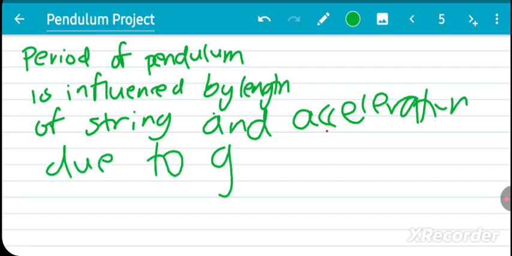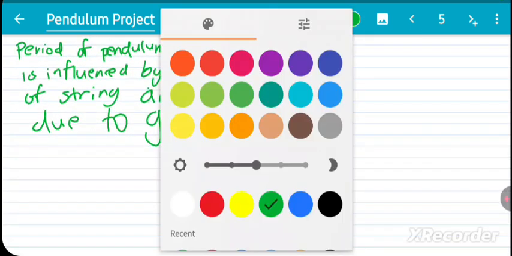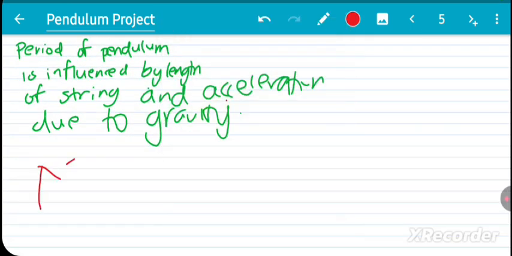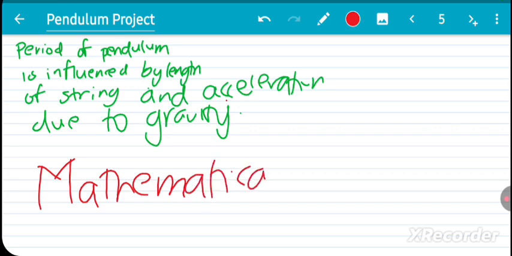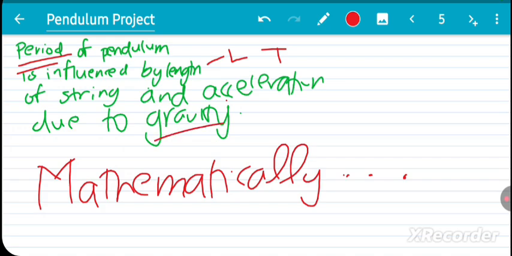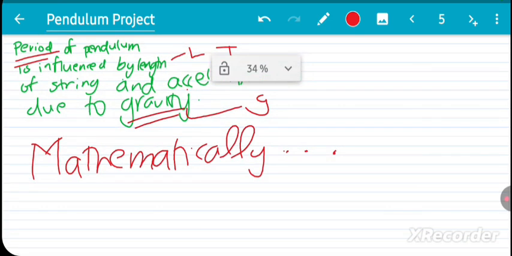Let's show the relationship mathematically using a formula. What do we mean by this statement? Period, that's T, length, that's L, acceleration due to gravity is a small g here.